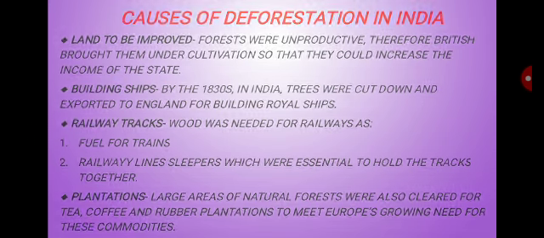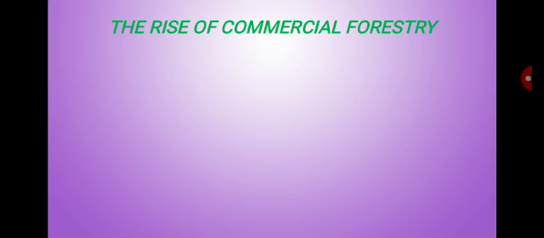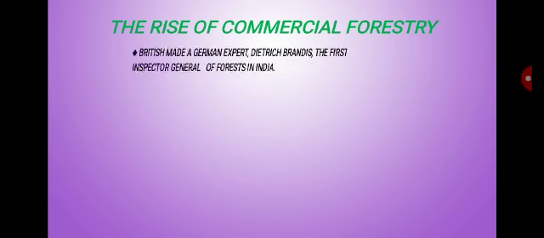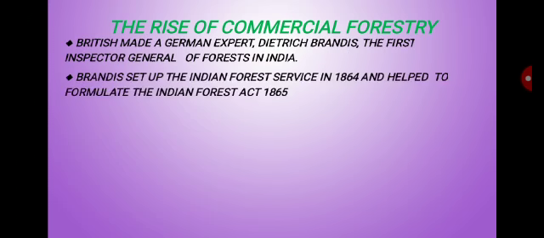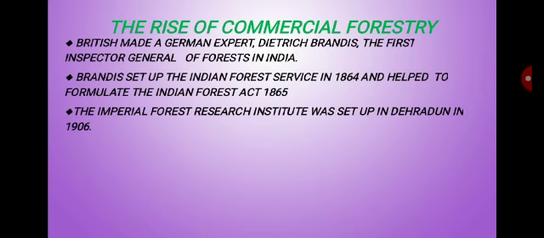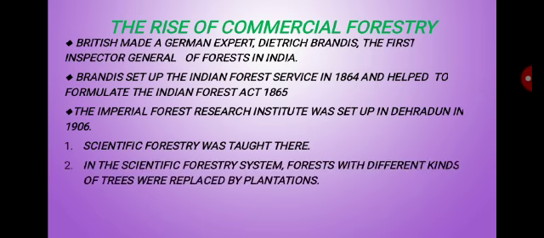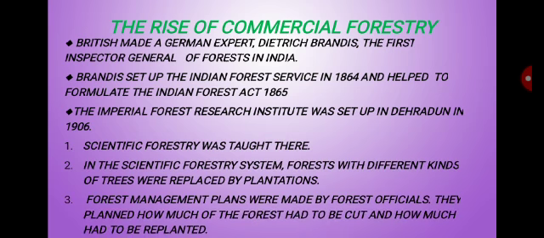Let's move to the next topic. Rise of commercial forestry. It means that when this deforestation started, after some time it was planned systematically. The British government appointed a forest officer, the Inspector General of Forests in India.